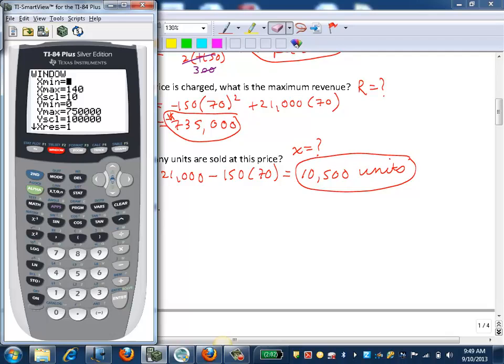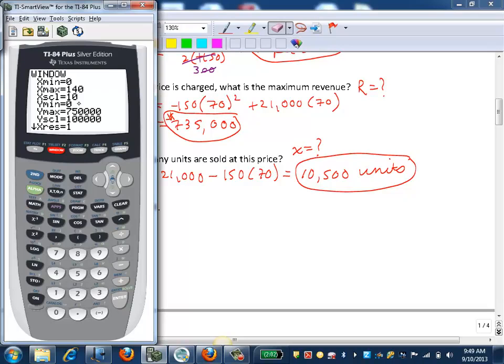We already found the domain, between 0 and 140, so I made my x min 0 and my x max 140. Since that's a relatively larger window than the standard negative 10 to 10, I increased the scale. And remember, there's never just one correct window, just a little trial and error. You can always make your window larger or smaller.